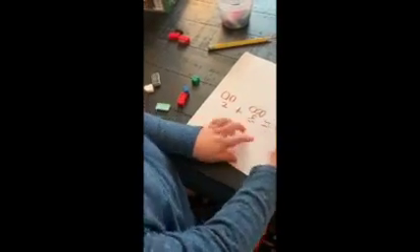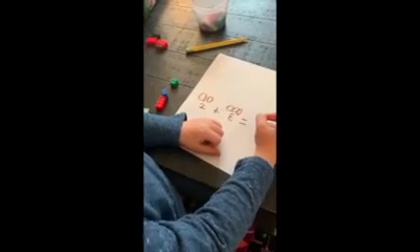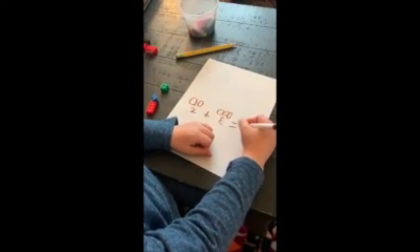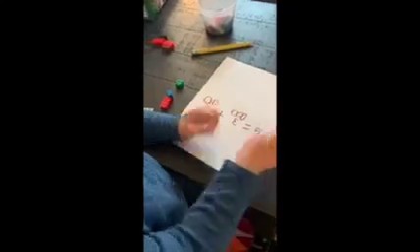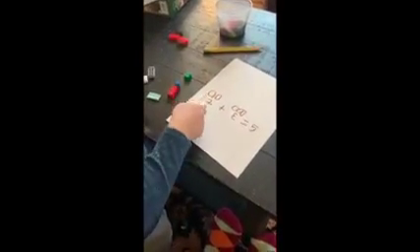So it's 1, 2, 3, 4, 5. Right? Now, that, and that. So 5. And what's the whole number sentence? So 2 plus 3 equals 5.